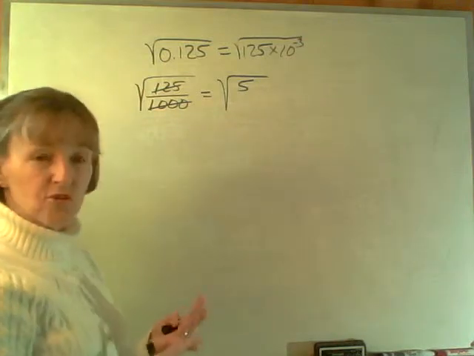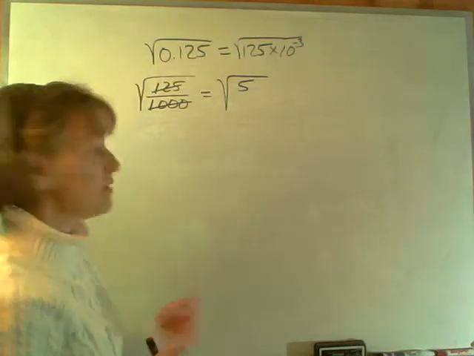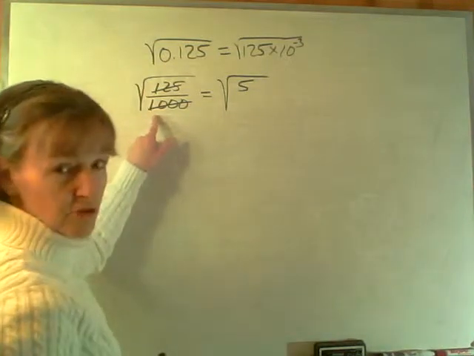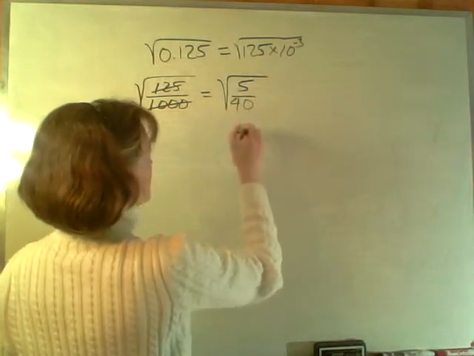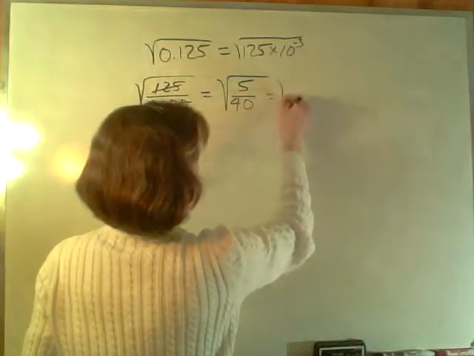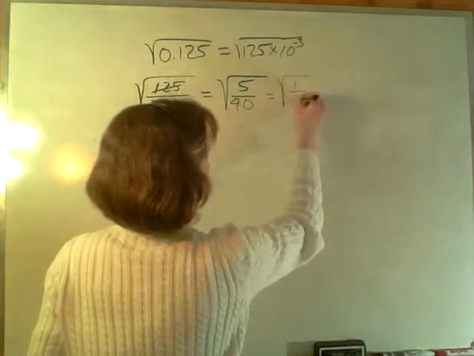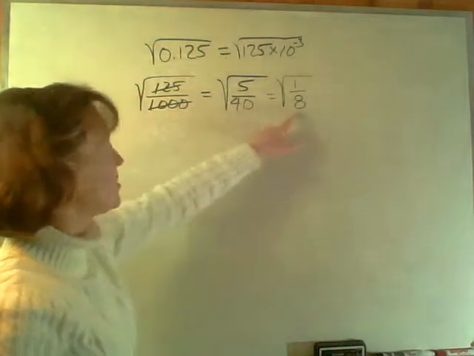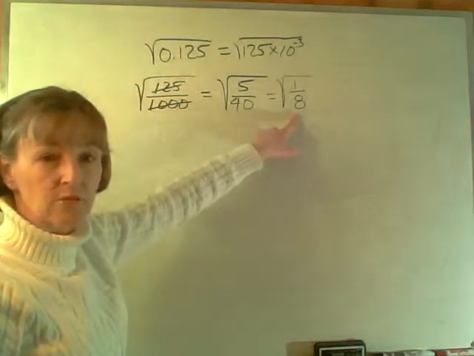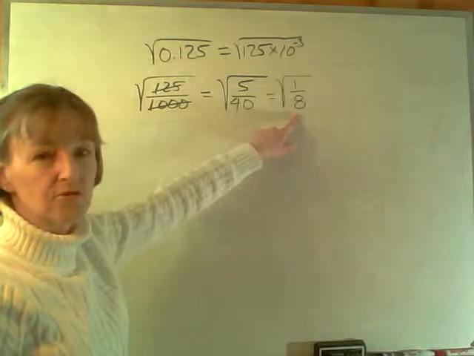Now, 25 goes into 100 4 times, but I have 10 hundreds down here, so that's 40. So this reduces to 5 over 40, which in turn reduces to 1 over 8. So this whole fraction can reduce to 1 over 8 before I ever start working with the radical sign.